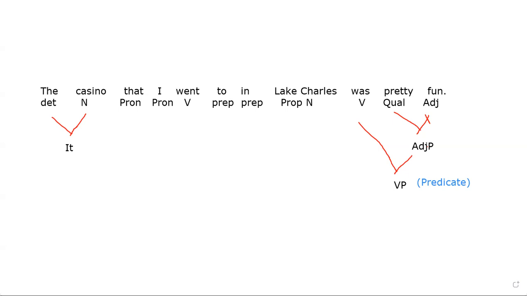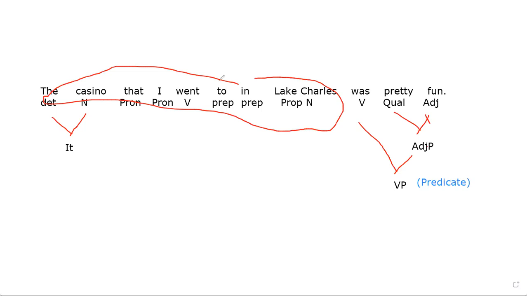It was pretty fun, right? Again, using what we know from our grammatical rules, we know this whole thing is our subject. The whole thing can be replaced by a pronoun. So the whole thing together needs to come down and combine into a noun phrase.